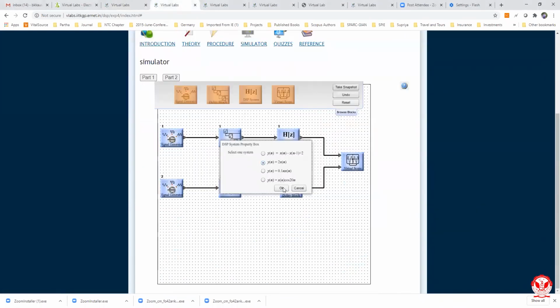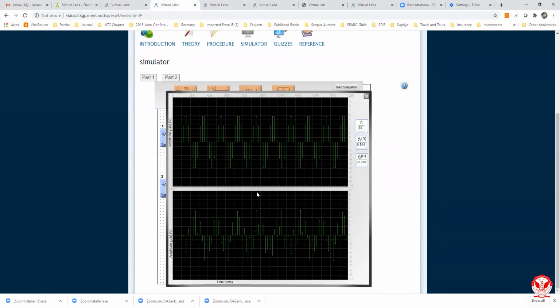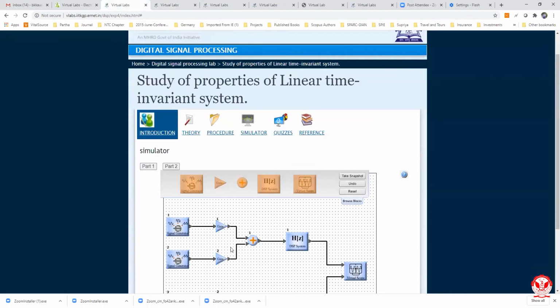We see it is not satisfying the time invariant property, but it satisfies the linear property. That means the system is not LTI system, that we can see here.